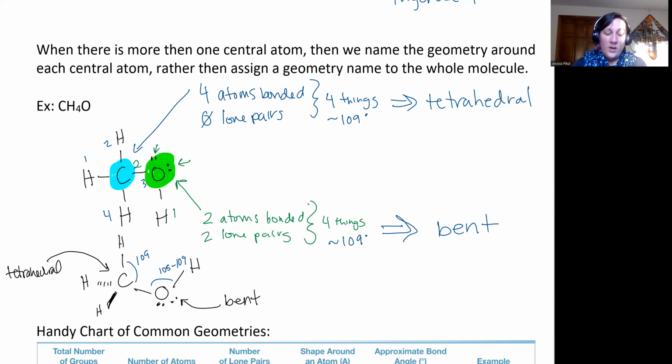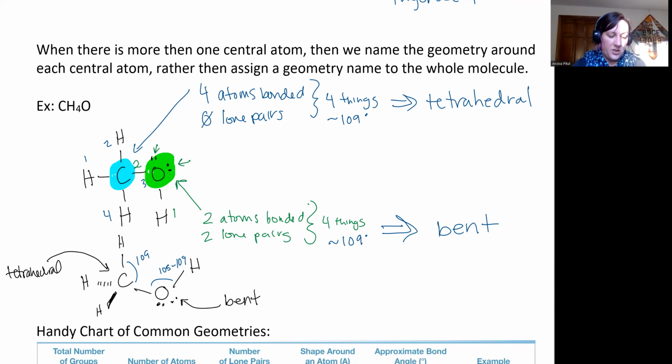You'll notice I'm using the wedges and the dashes to represent this 3-dimensional picture in 2D. Chemists are terrible artists in general. We're really good at drawing hexagons, but that's about it. And so we represent things in 3 dimensions using wedges and dashes as a way for us to all interpret each other's pictures.